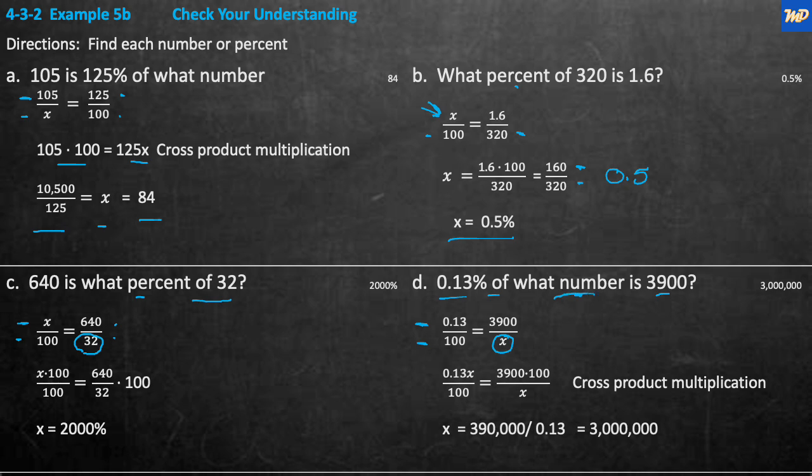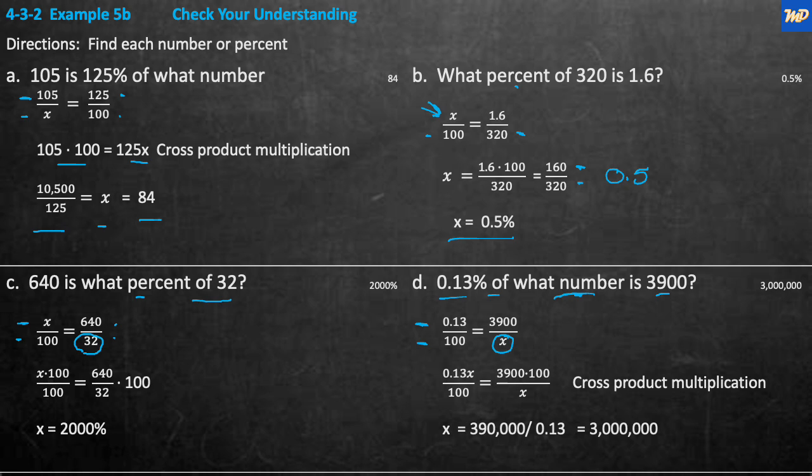That's 39 is a part of something. It's a part of a whole number. And when you multiply both sides by 100, and multiply x, by doing your cross multiplication, you're going to get 0.13x is equal to 39 times 100. Well, that's 390,000.